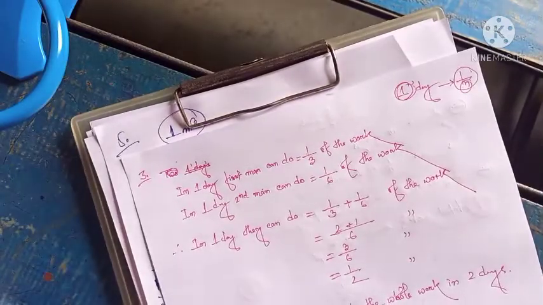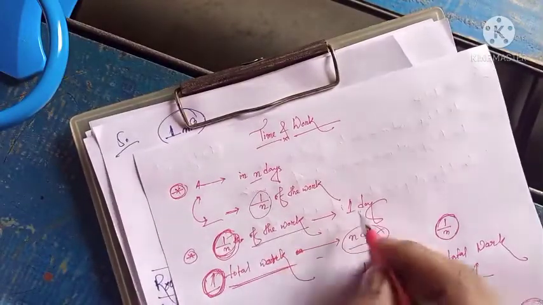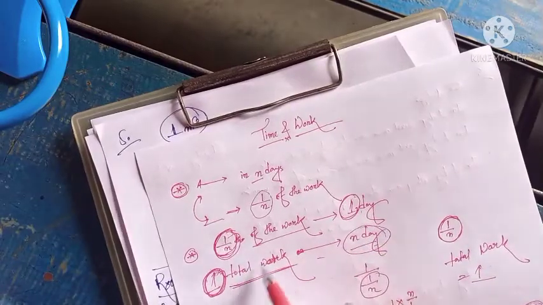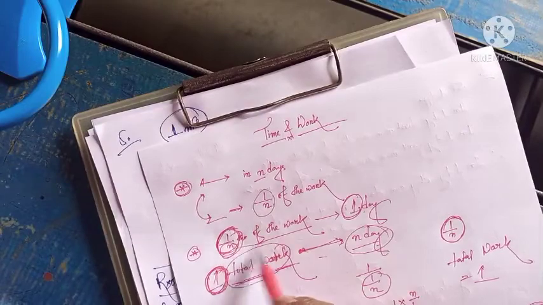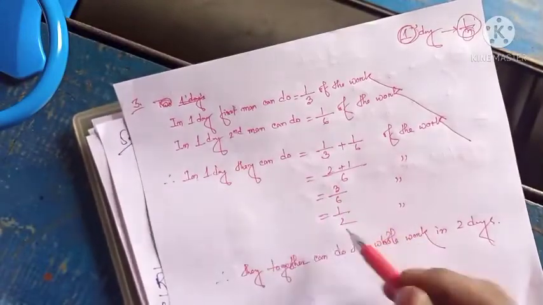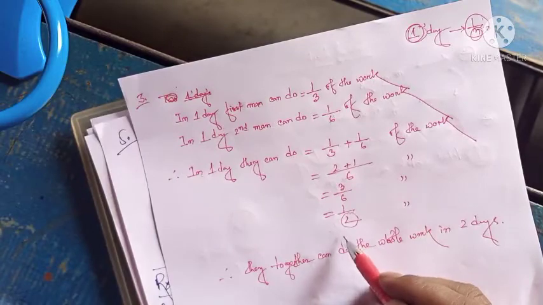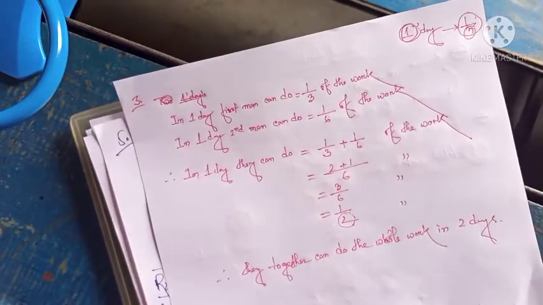Because as I explained here, if 1 by nth of the work can be done in 1 day, then we can write directly the total work can be done in n days. So here similarly, in 1 day they can do 1 by 2 of the work, so total work they can do in 2 days. Very easy. Okay.